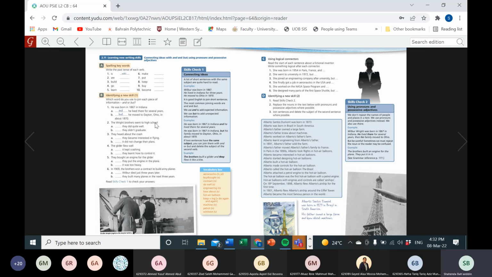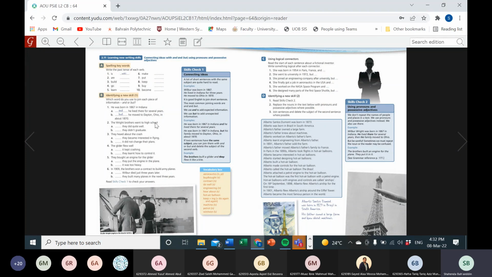But the word "but" is used to add unexpected or opposite information. I like eating bananas, but I hate strawberries. The opposite. Although bananas are fruits and strawberries are fruits, it is unexpected, because we usually eat bananas with strawberries. It's very strange. So this is the main difference between "and" and "but."